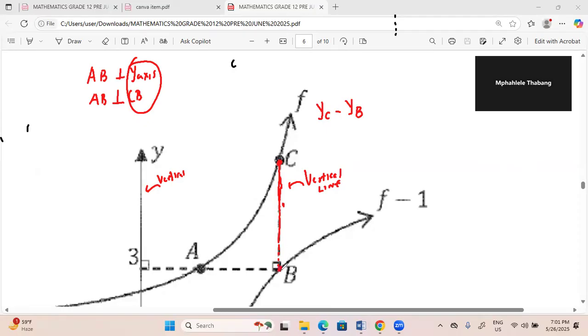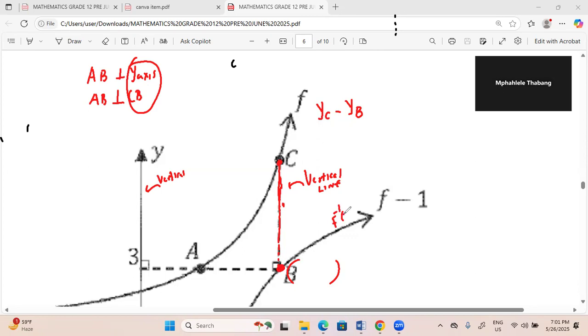And guys, remember we did find the coordinates of B. What were the coordinates of B? Remember this f to the exponent negative 1, did I say prime?